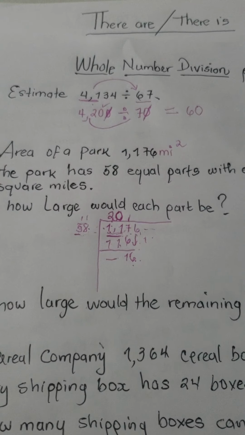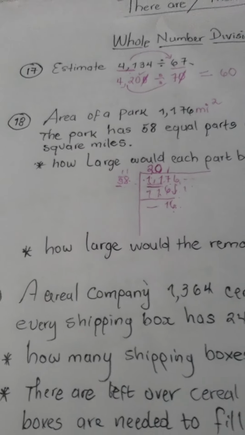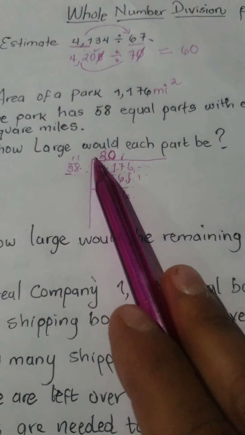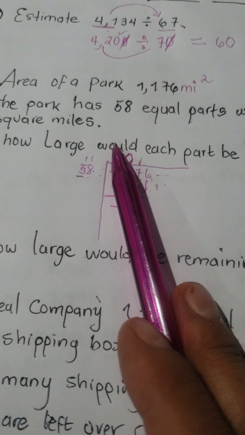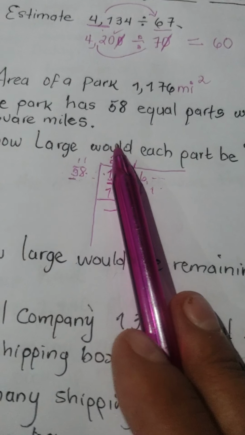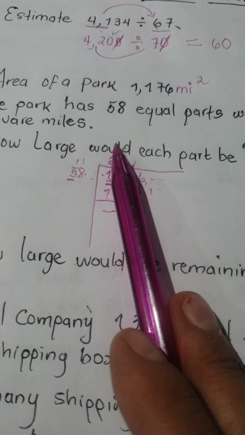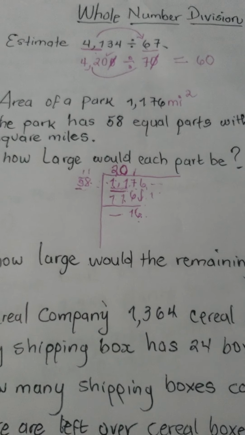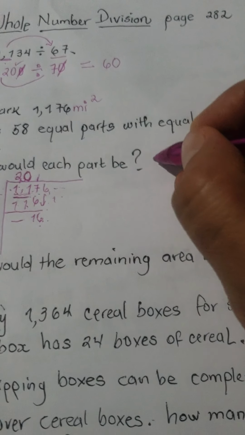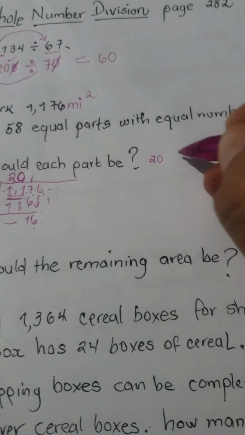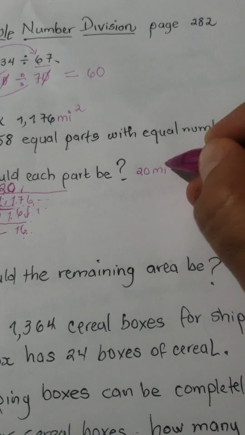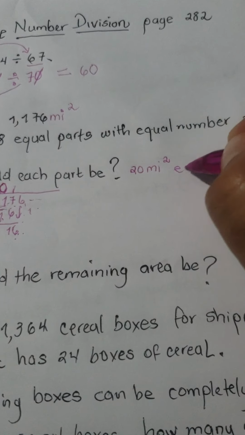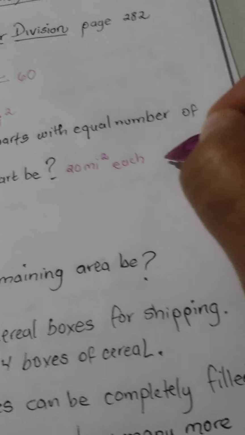So that would be 20, okay? The answer would be 20 square miles each part, okay?